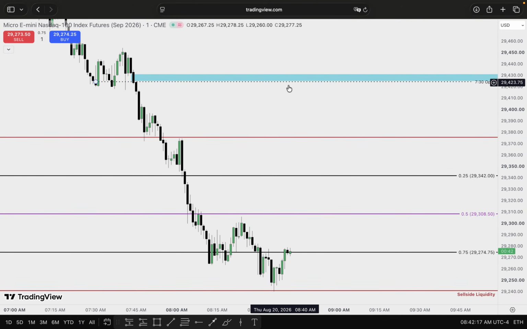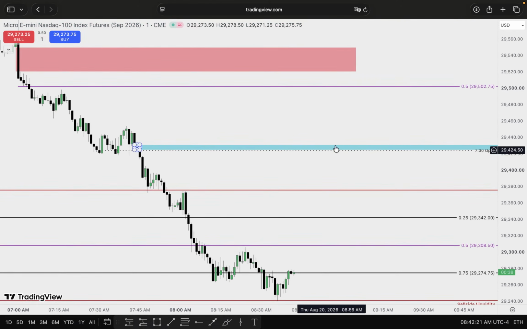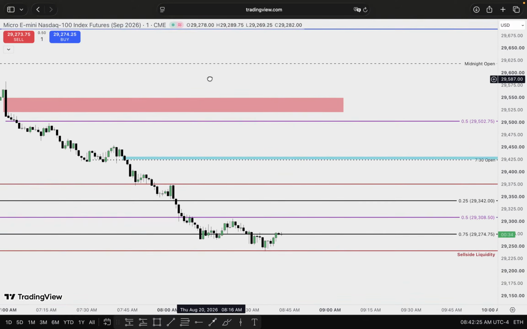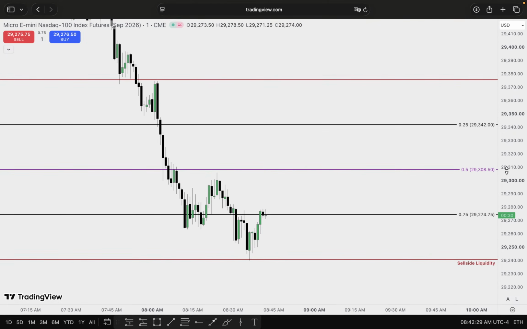This is the key area that I'm looking to trade from. I'm thinking 930 could push up here though, or we could push in a midnight opening price depending on what the situation is. So it's gonna keep me patient here, seeing what we get.